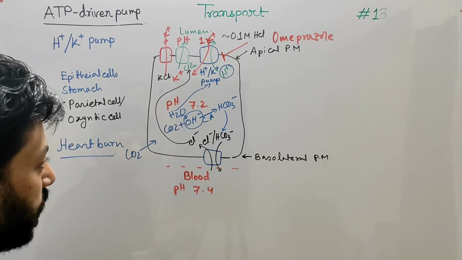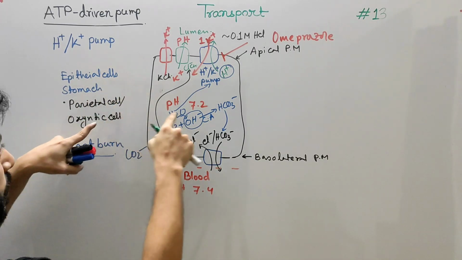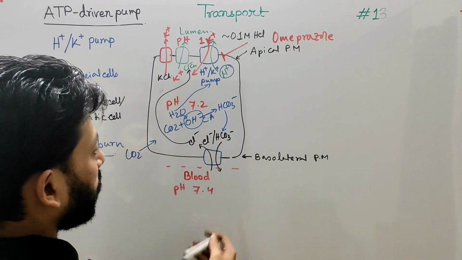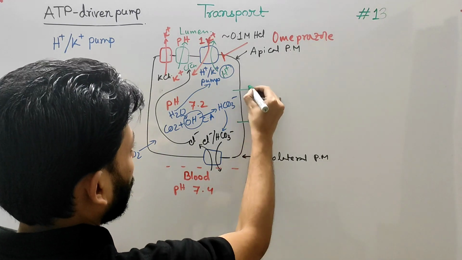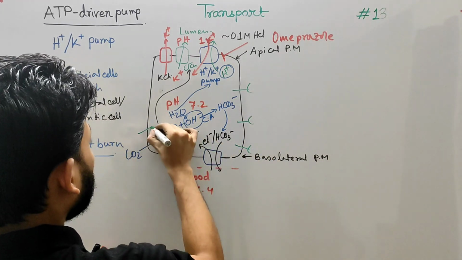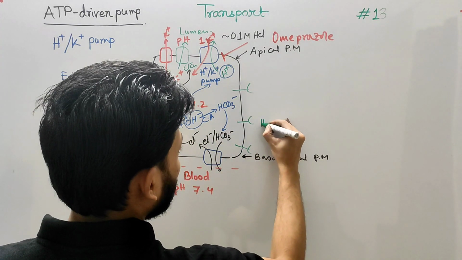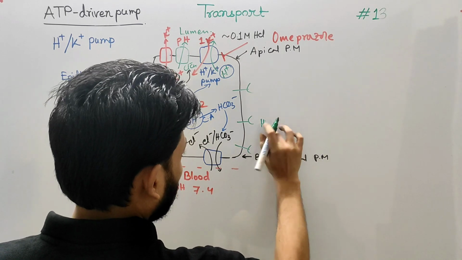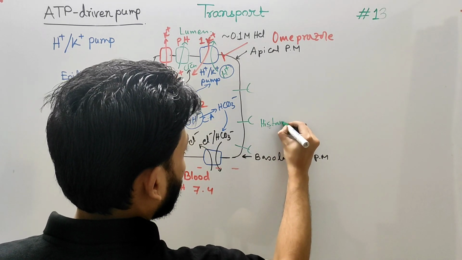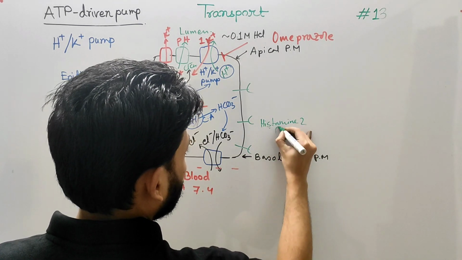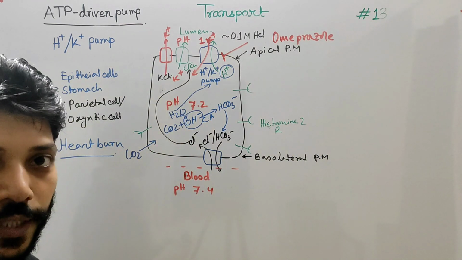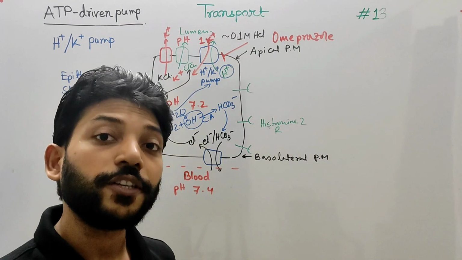But one thing I want to mention here is that these epithelial cells, these parietal or oxyntic cells, also express a receptor. This receptor is called the histamine 2 receptor. Now this histamine 2 receptor binds with histamine 2.